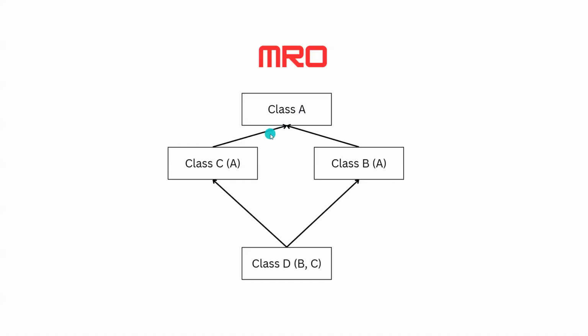Here I have a class A, class B, class C, and class D. You would be seeing class C is inheriting class A and class B is inheriting class A. For example, I have a method called show, or print message, in class A. Now we have inherited this class, and I have redefined or overridden that method in the C class.